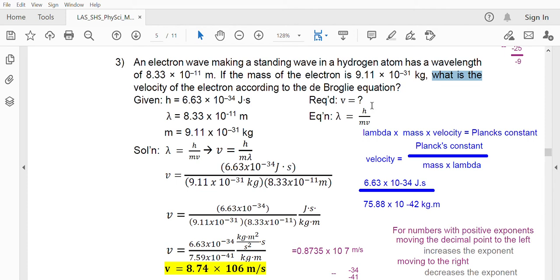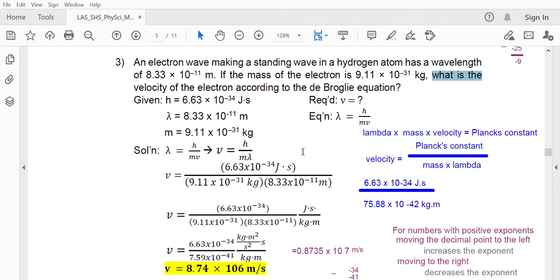So the Planck's constant will remain as is. It will be written in the numerator, and then the velocity on the other side of the equation, and the quantities together with the velocity will be placed on the denominator. So we have now the equation for velocity.